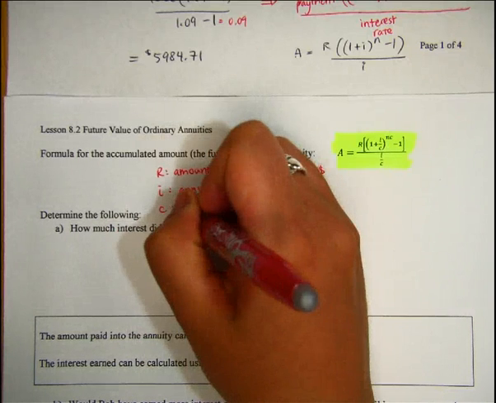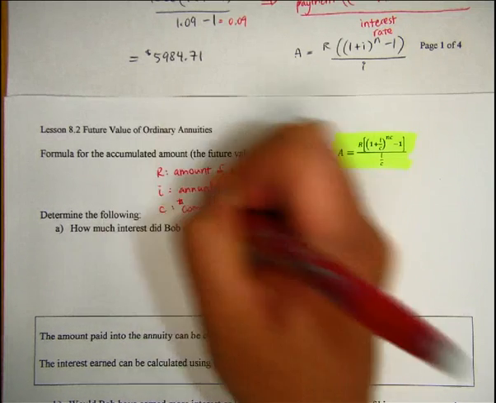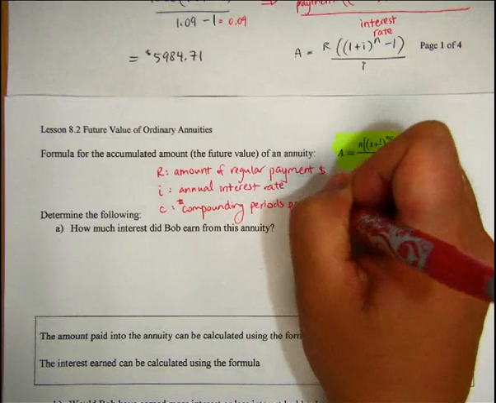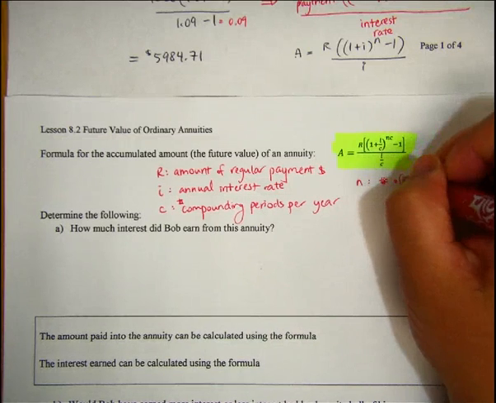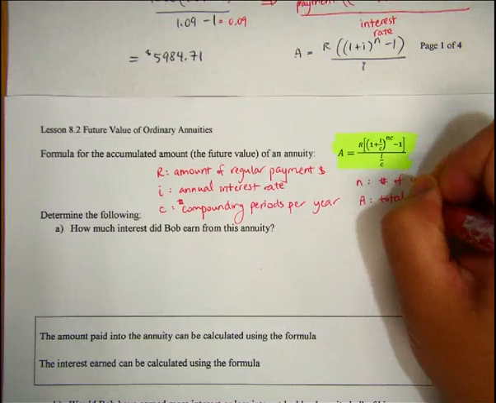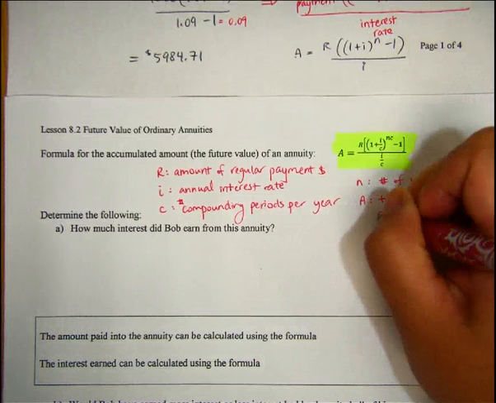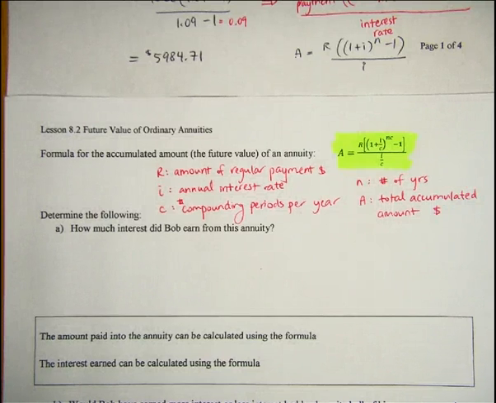C is the compounding frequency, so the number of compounding periods per year. n would be the number of years, and A would be the total accumulated amount at the end of the annuity term, in dollars.